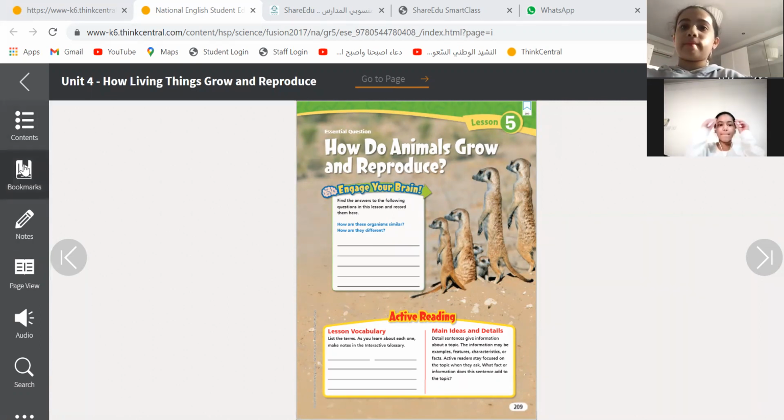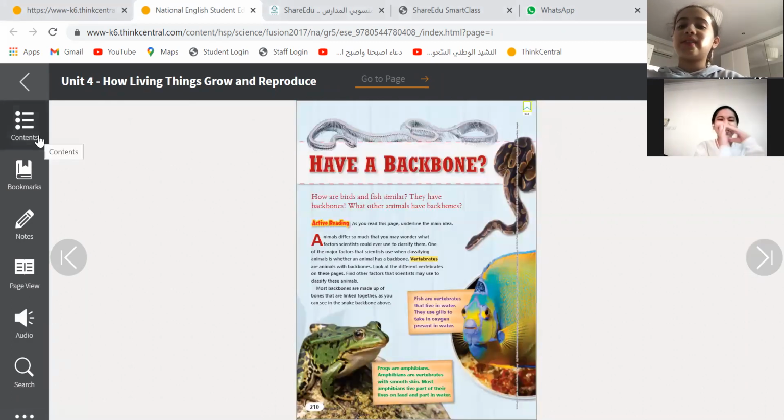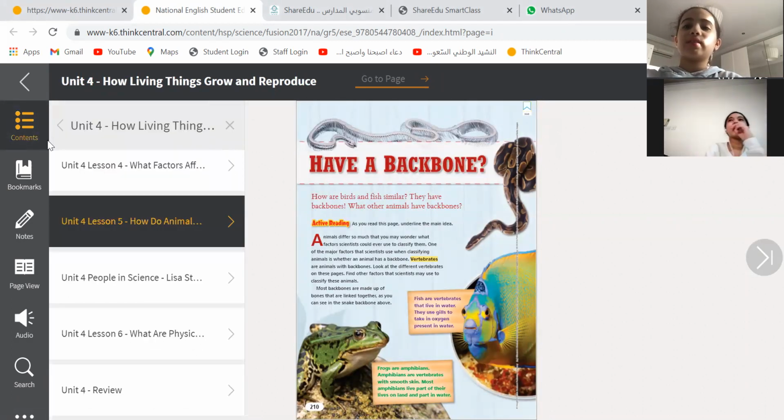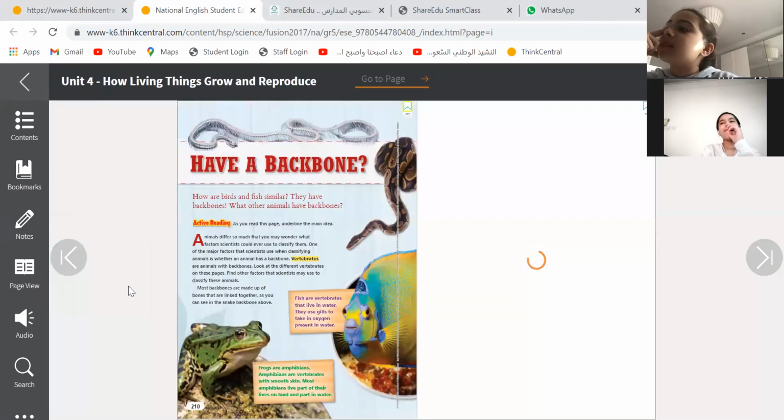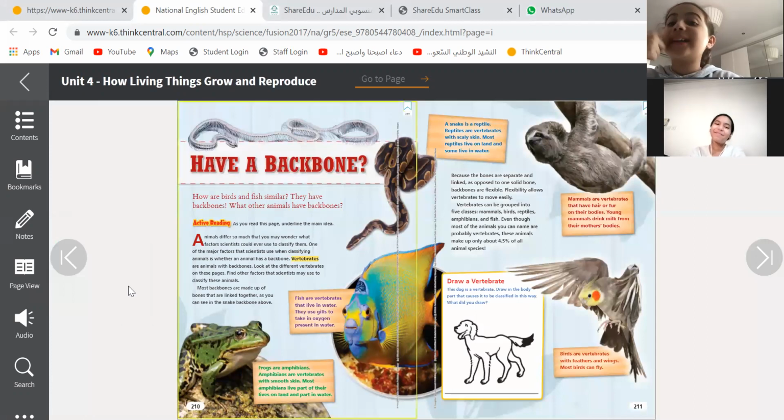Are you sure? Guys, no, this is not possible. So what? It uses gills. Remember? Fishes and any animal that breathes underwater, they breathe with gills.